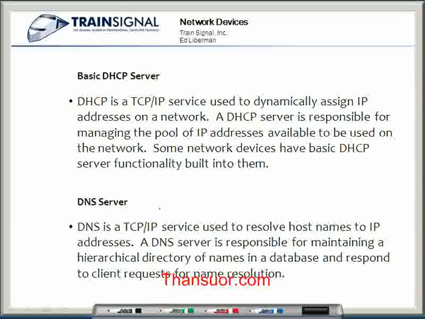And then you also can have a hierarchy of DNS servers, etc. I don't want to get too deep into this, but you need to understand the basic functionality of a DNS server, and then also understand that certain networking devices are going to have DNS functionality built into them.